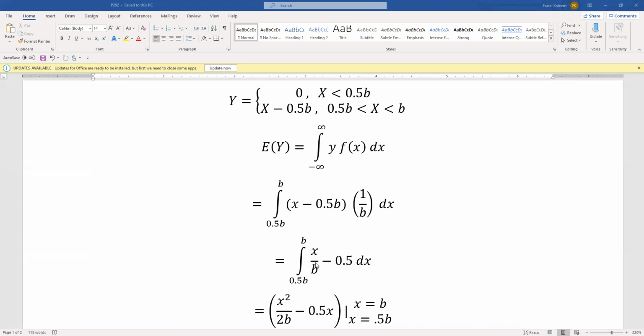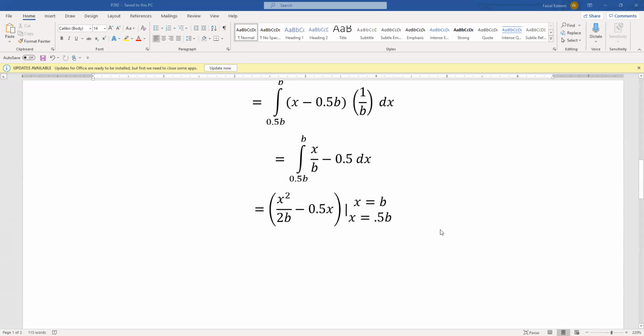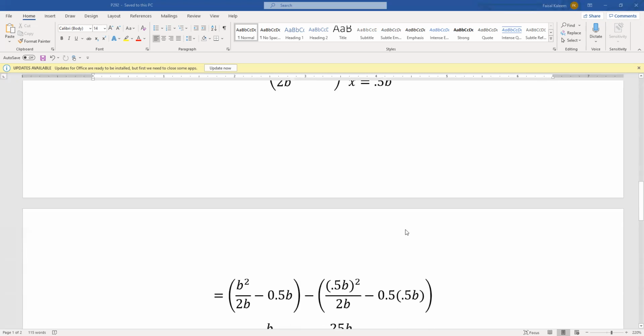So I multiply this out into x over b minus 0.5, because 0.5b times 1 over b is just 0.5. The integral of this is x squared by 2b minus 0.5x. When you substitute x equals b, you get b squared by 2b minus 0.5 times b, which is b by 2 minus 0.5b.